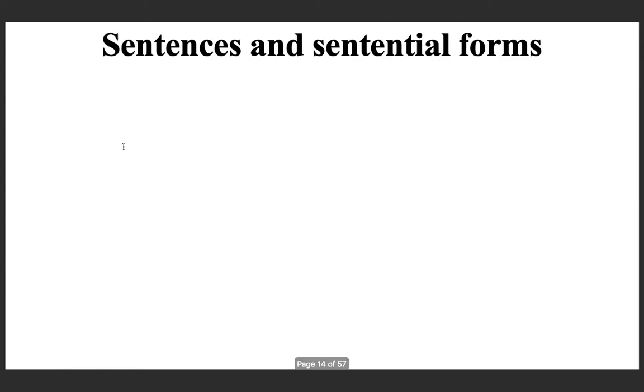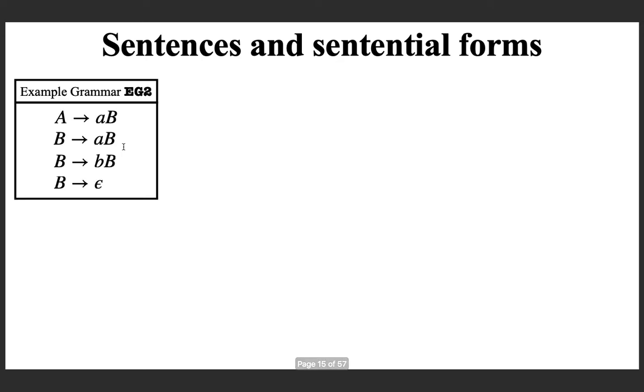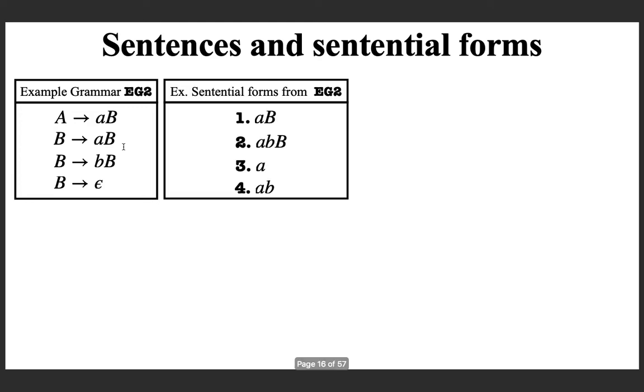Now, let us proceed and define what are sentences and sentential forms. We will use the same example grammar, and here it shows some example sentential forms. These are 4 examples, and what are they?